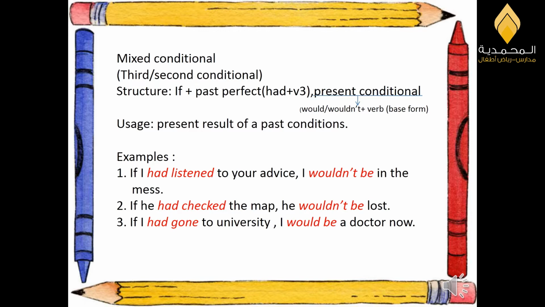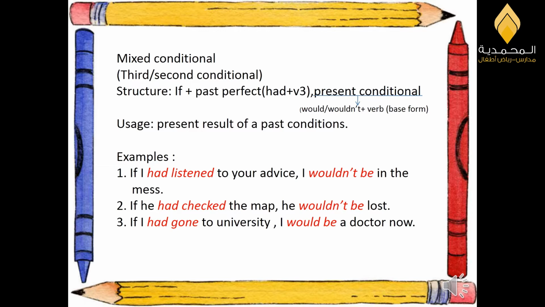So, in the result clause or the main clause, I should have a present conditional. What do I mean by present conditional? I mean that I should have would or would not according to the context, plus the verb base form. The verb has to be in the base form.